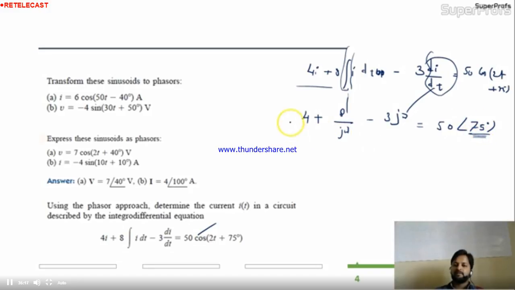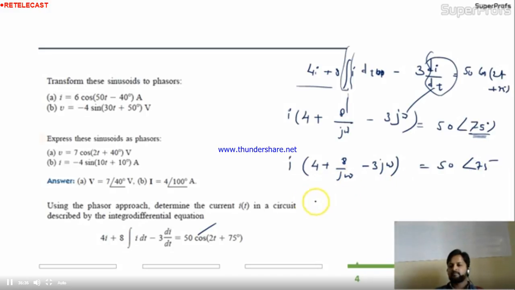Now come over here. I is common in all these three terms. This is nothing but 4 plus 8 by j omega minus 3 j omega equal to 50 at an angle 75. Correct? And so this is I equal to, take j omega LCM, it is 4 j omega plus 8 minus 3 omega square.